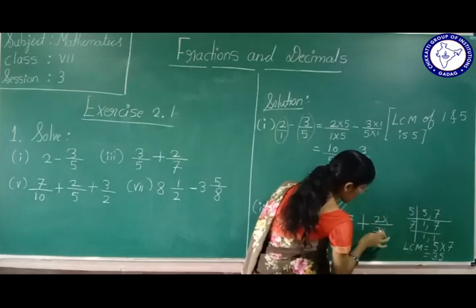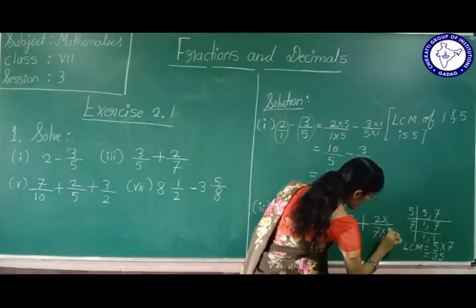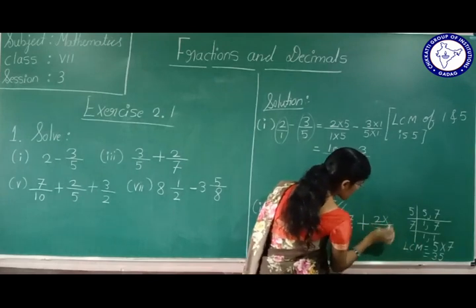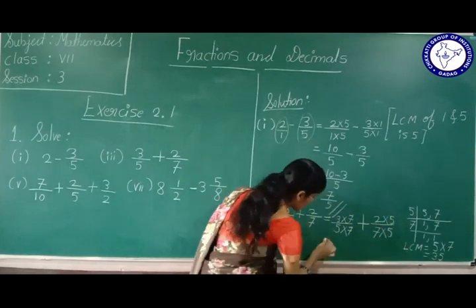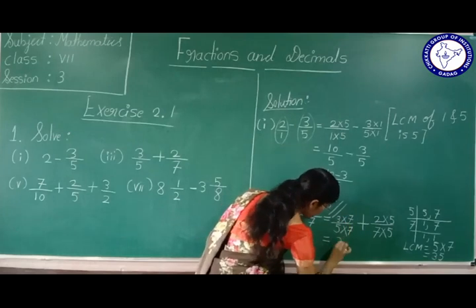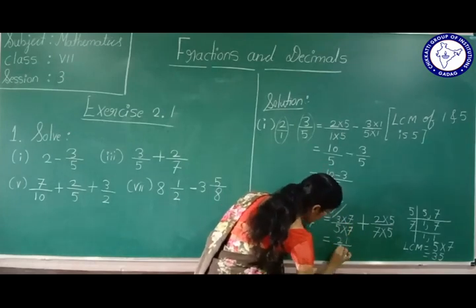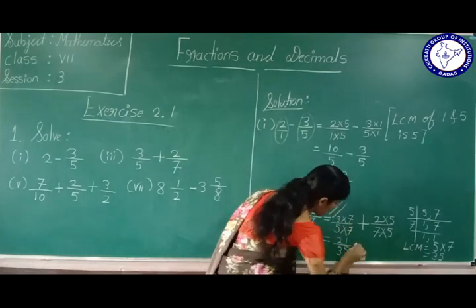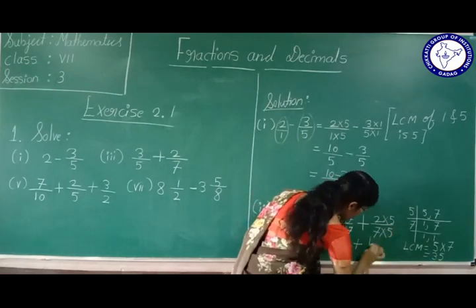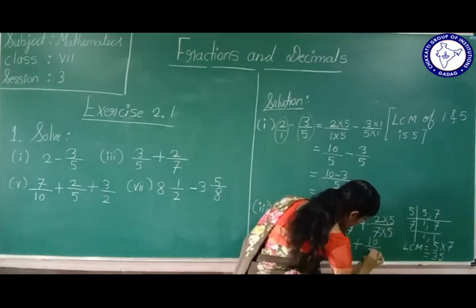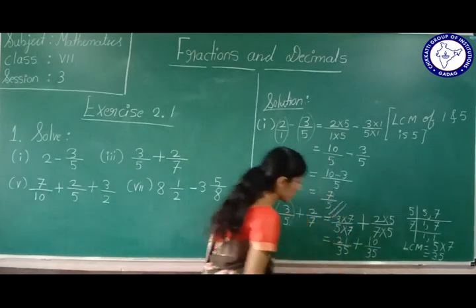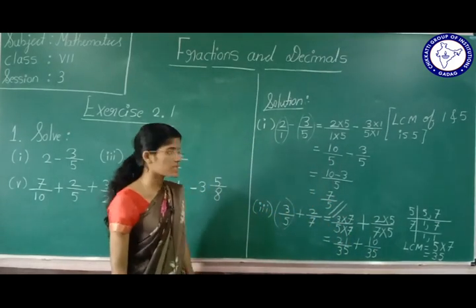Now see, 7 how much are 35? 7 5s are 35. Multiply both numerator and denominator by 5. 3 7s are 21, 5 7s are 35. Plus 2 5s are 10, 7 5s are 35.